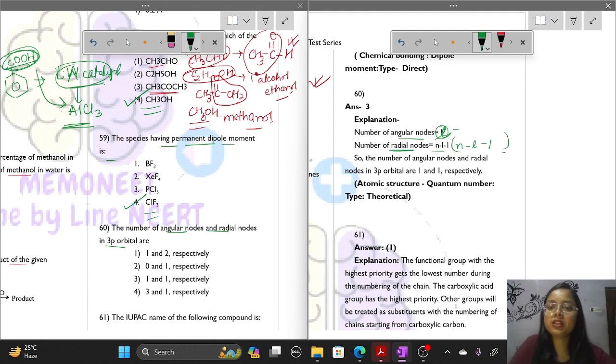This is the formula. So the number of angular nodes and radial nodes in 3p orbitals are 1 and 1 respectively. Both are 1.